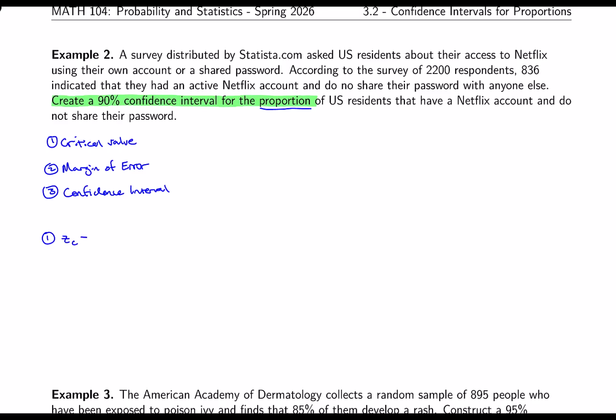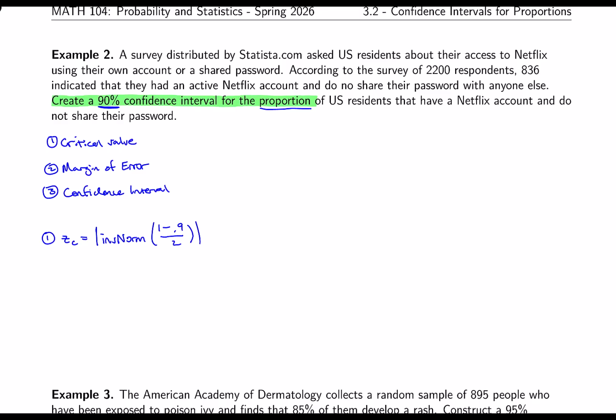This was the same formula with respect to proportions as it was with the mean. It's just the inverse norm of (1 minus the level of confidence) divided by 2, and we're being asked to use a 90% level of confidence, so 1 minus 0.9, divided by 2. We put that value into inverse norm, and then we take the absolute value.